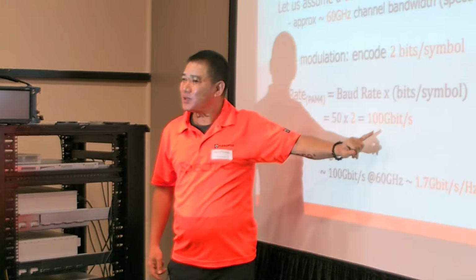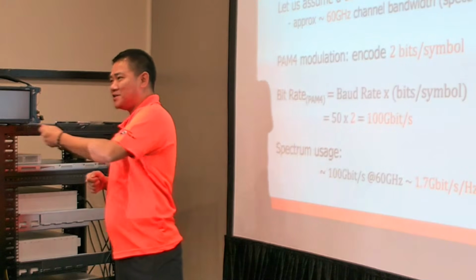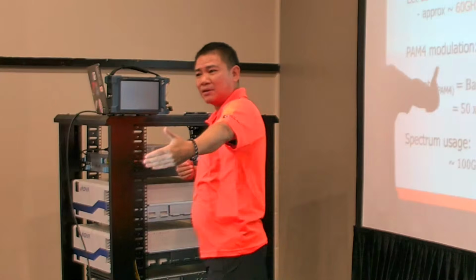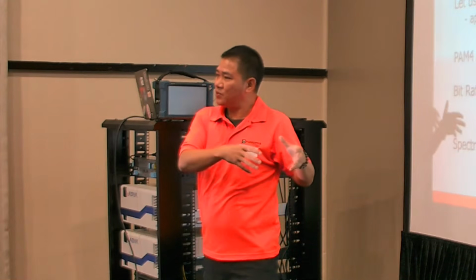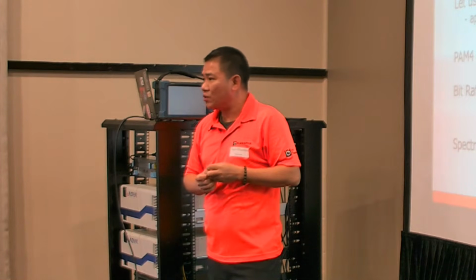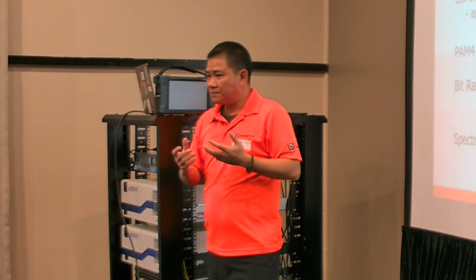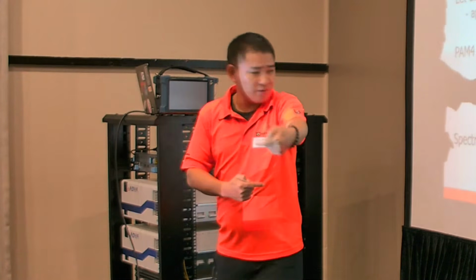So what's the bit rate we can achieve? Just by changing the modulation technique, we have effectively doubled the bandwidth because I can now encode 2 bits per symbol compared to NRZ where I could only encode 1 bit per symbol. Make sense?